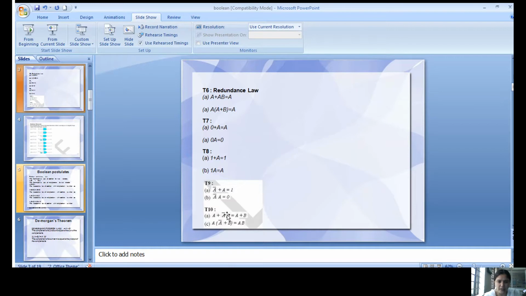So next it is A plus A bar B is equal to A plus B, A into A bar plus B is equal to AB.